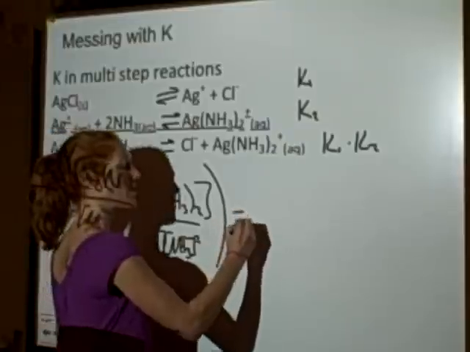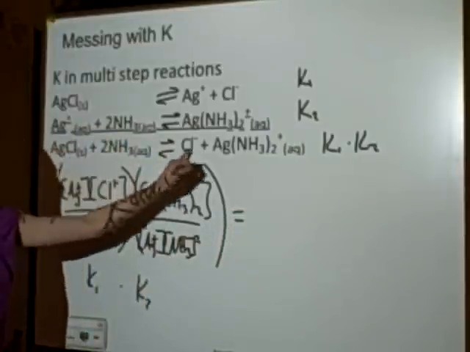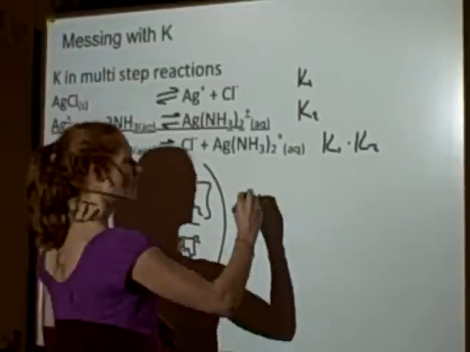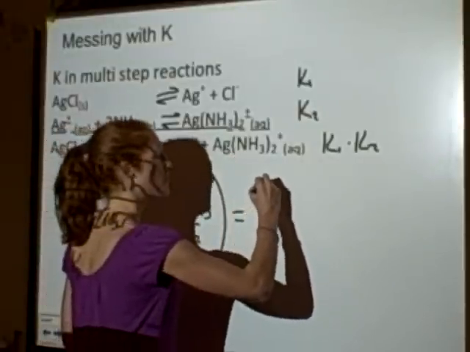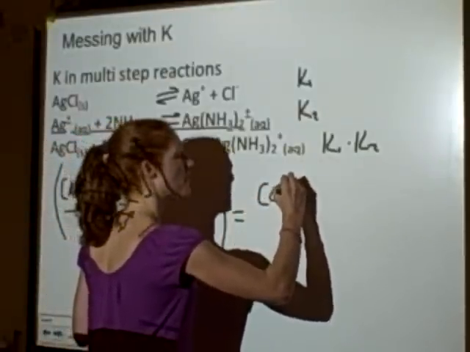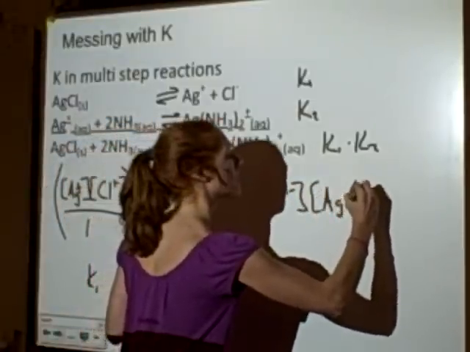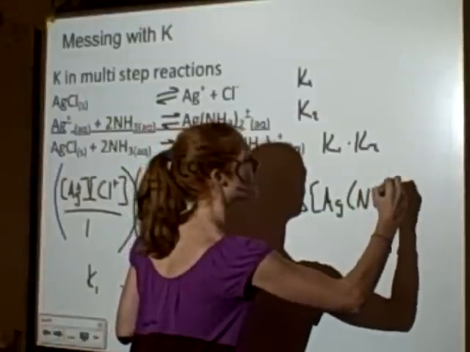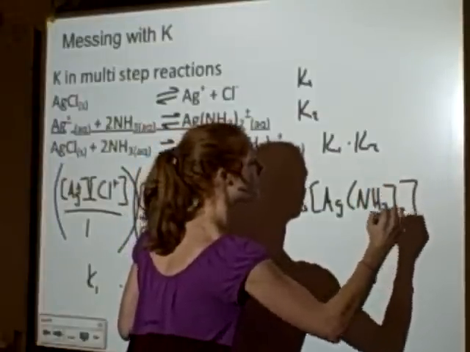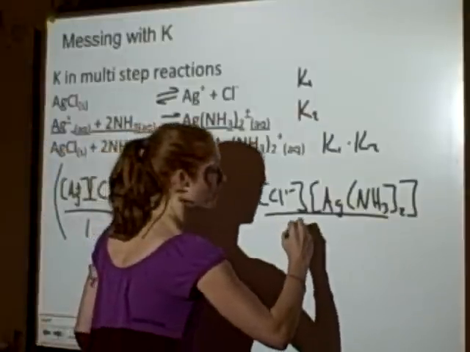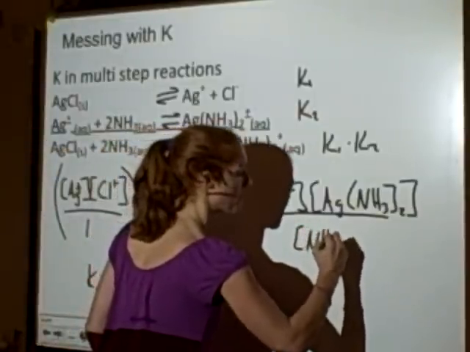Let's go ahead and write what the K would be for the overall reaction, and then we'll compare and see if this side really is equal to that side. This is going to be the concentration of chloride times the concentration of Ag(NH3)2, all divided by the concentration of ammonia squared.